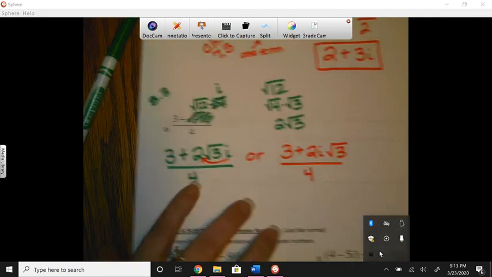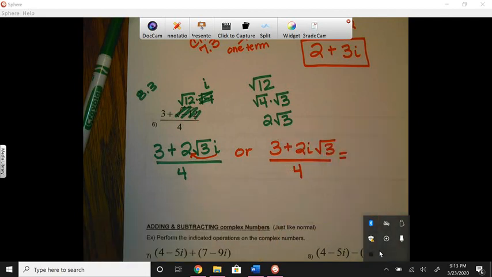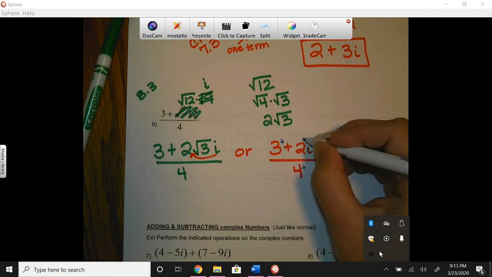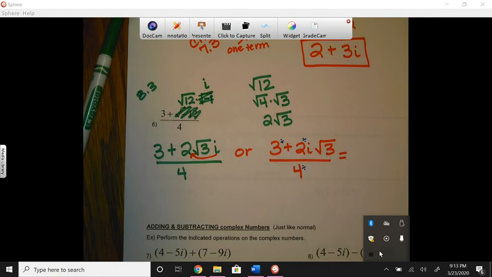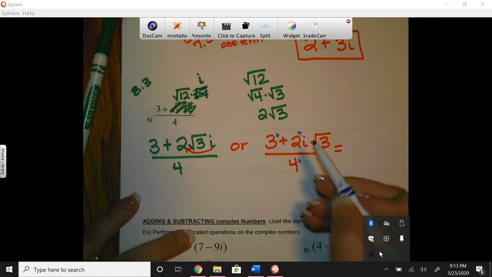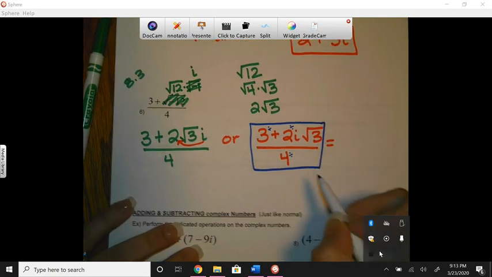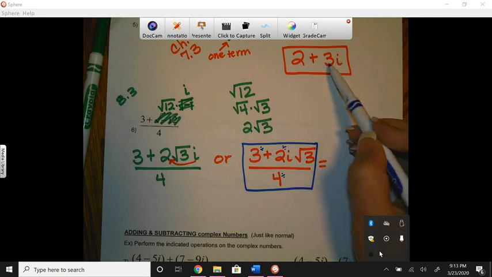Okay, so now if you decide to write this all as one fraction, you ask yourself, can anything divide all 3 of these numbers? All 3, not just these 2, all 3. And if the answer is no, you could leave your answer like this. Now I believe on your homework it wants it in standard form like this as 2 separate terms.